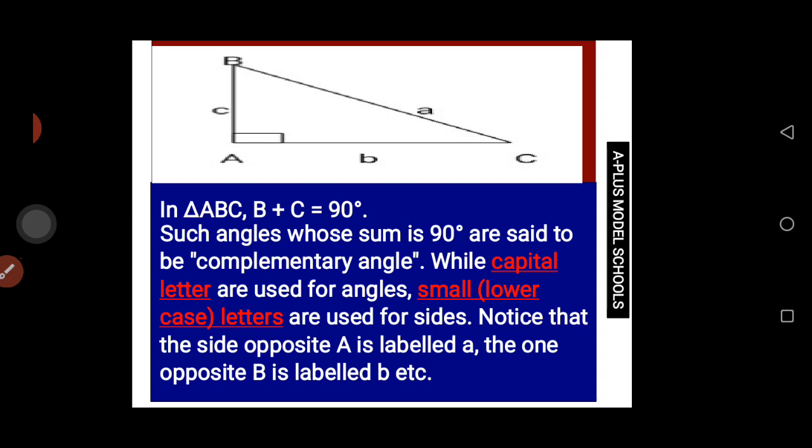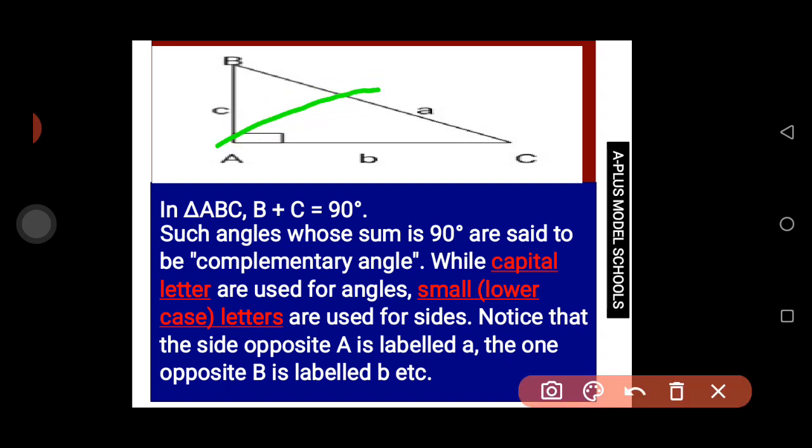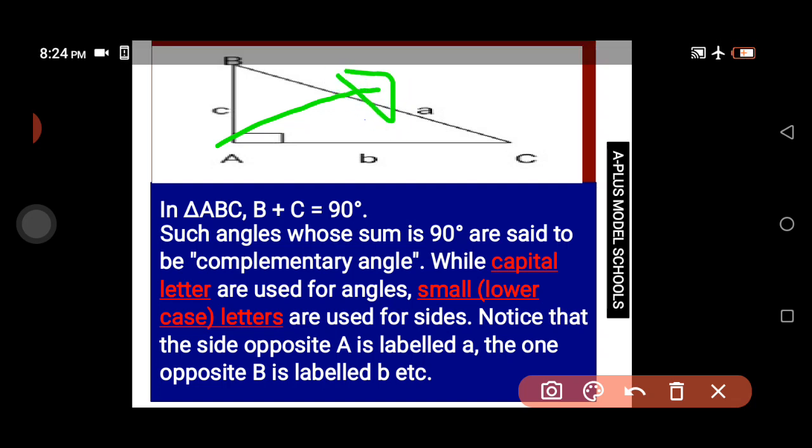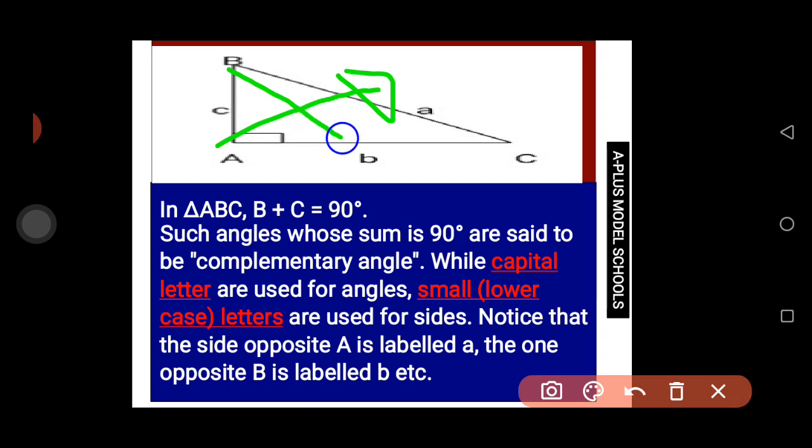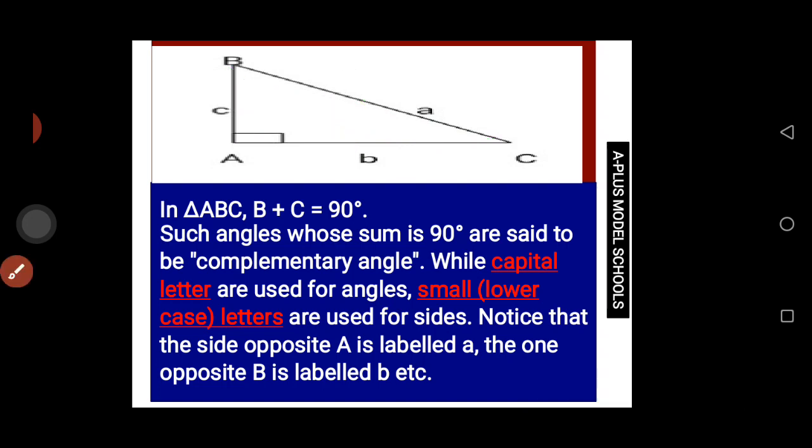Now we use capital letters to represent the angle, and we use small letters to represent the side facing the angle. When you look at the diagram above very well, you notice that small letter a is facing the right angle, which is capital letter A. And angle B is also facing small letter b, and angle C is also facing small letter c.